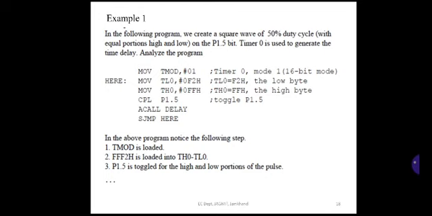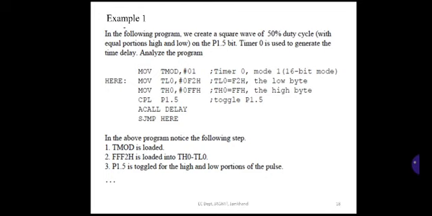For that purpose, use instruction MOV TL0, #0F2H, that is TL0 is loaded with the lower byte value F2H, and MOV TH0, #0FFH. So immediate value FFF2 is loaded in TH0 and TL0 registers. Lower byte is loaded in TL0 and higher byte is loaded in TH0.